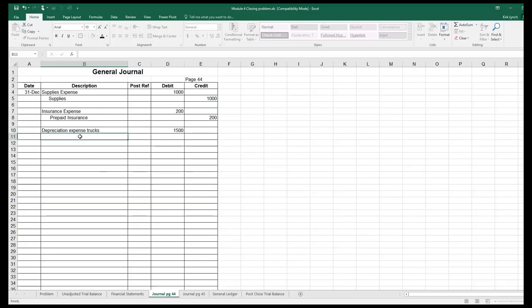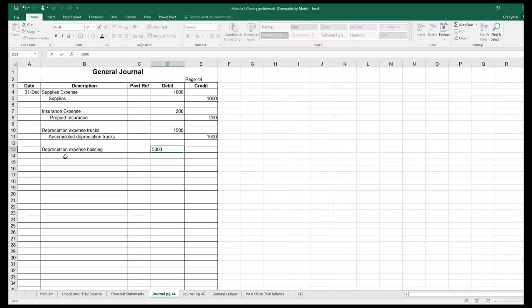And the credit that goes along with that is accumulated depreciation for trucks, and that's $1,500. And then we'll have a very similar adjustment for building depreciation for our building, and that was $5,000.